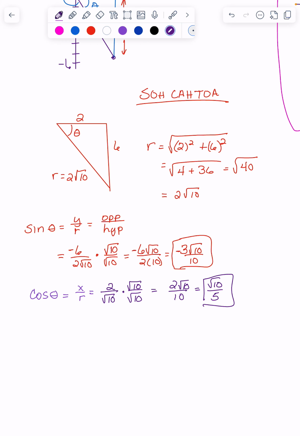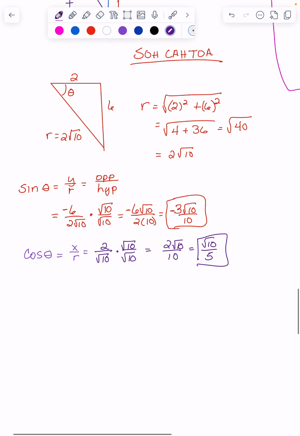All right. The next one, tangent, you have a couple ways to do it. Tangent theta is equal to my y over my x. If you wanted to do cosine, you could also do adjacent over hypotenuse. This is also equal to opposite over adjacent, depending on whether you like the triangle or you like the x and the y.